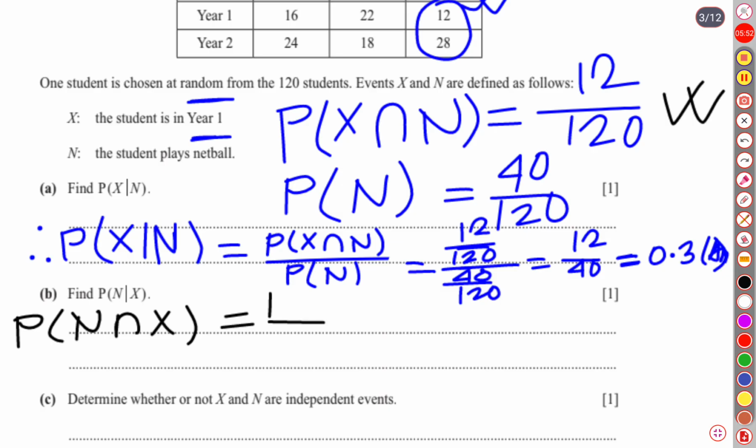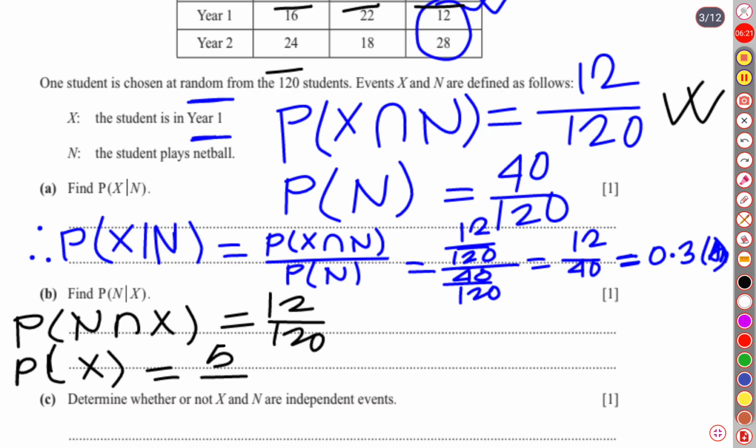And the probability of X alone means the student belongs to first year. So how many students are there in first year? There are 16 plus 12, 16 plus 20 is 38, so 50, and the total number of students is 120. So it is going to be 50 over 120.